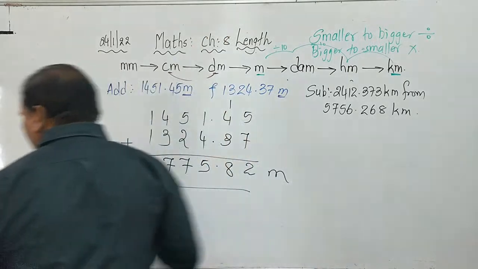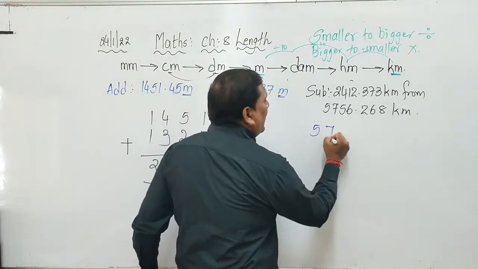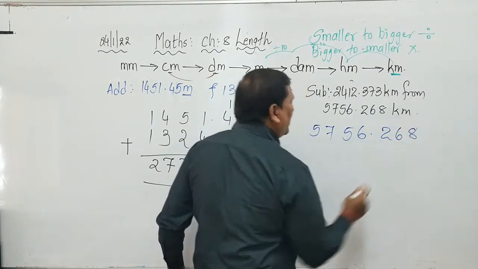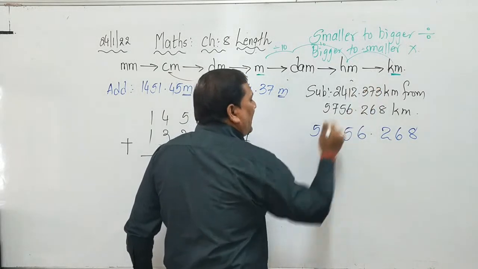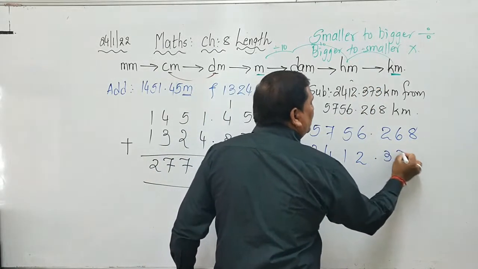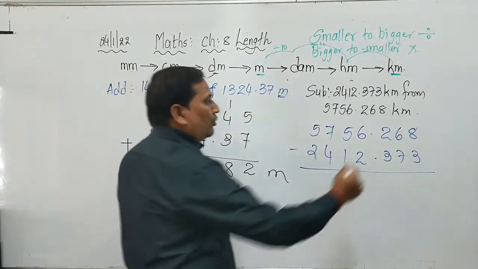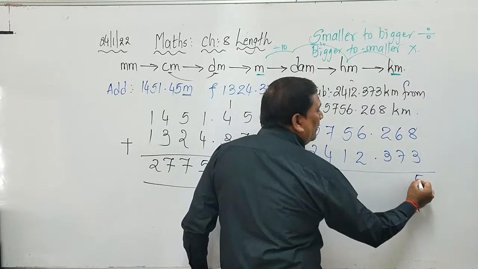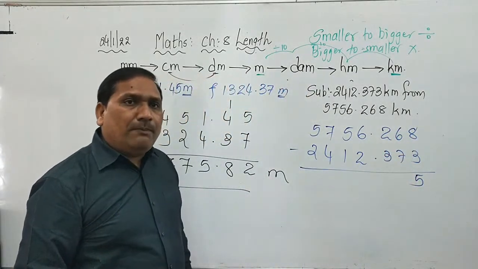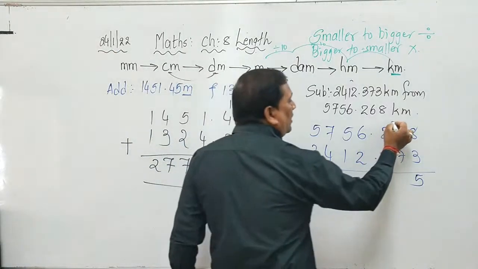So from what I have to subtract? From 5756.268. From this I have to subtract this one, 2412.373. Subtract now. So 8 minus 3, 5. 6 minus 7. Are you able to subtract 7 from 6? Not possible. Borrow.